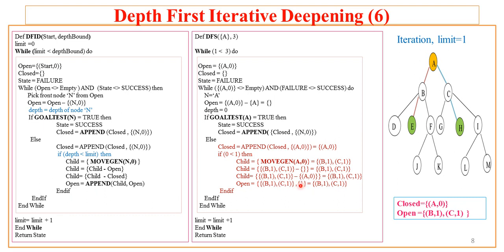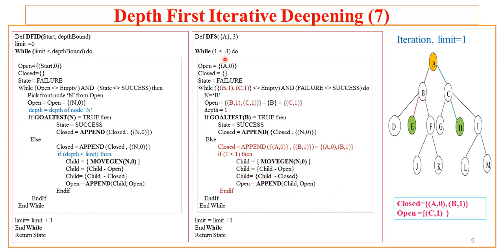After picking up node A from the open, there was nothing in the open. Now the children are B and C, so that is appended at the beginning of the open. So here at the end, open will be having B and C. So with this new open B and C and closed A, the next iteration of the inner loop happens. Let us see in the next.